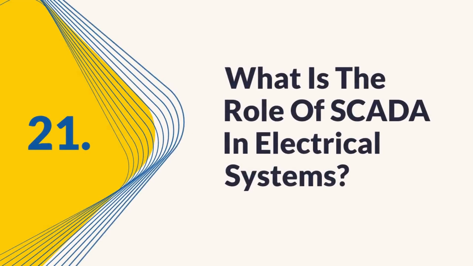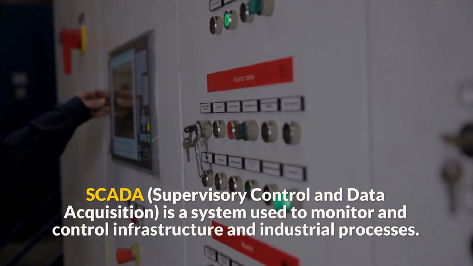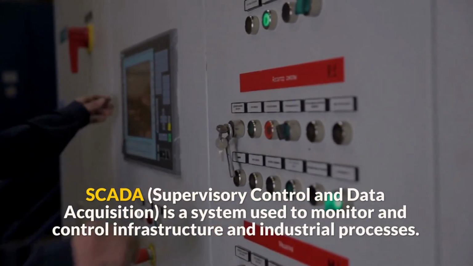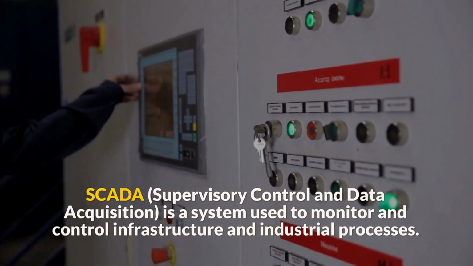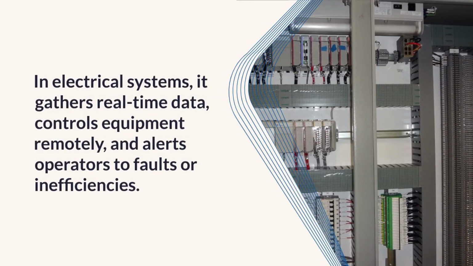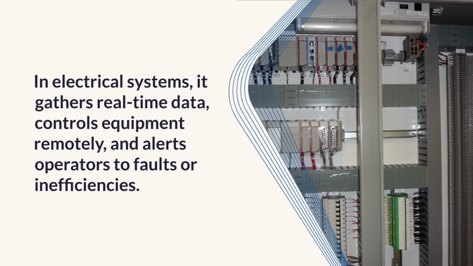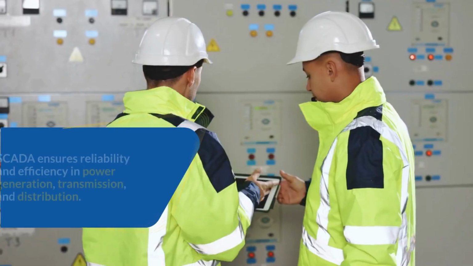21. What is the role of SCADA in electrical systems? SCADA, Supervisory Control and Data Acquisition, is a system used to monitor and control infrastructure and industrial processes. In electrical systems, it gathers real-time data, controls equipment remotely, and alerts operators to faults or inefficiencies.